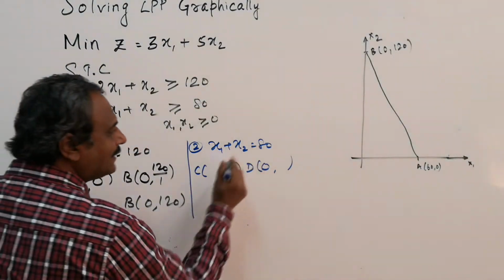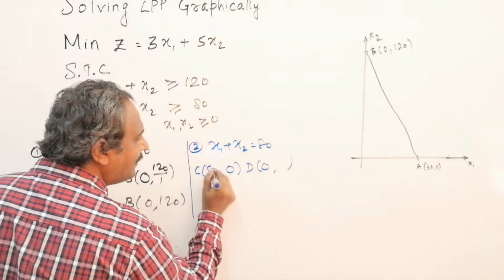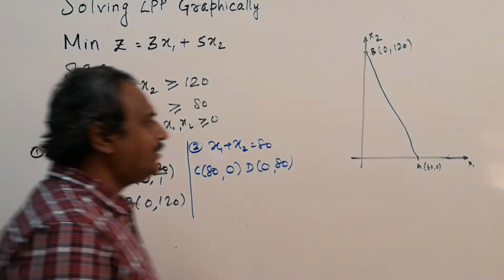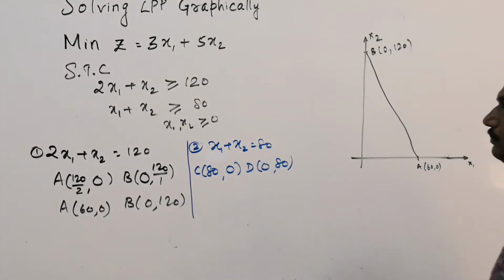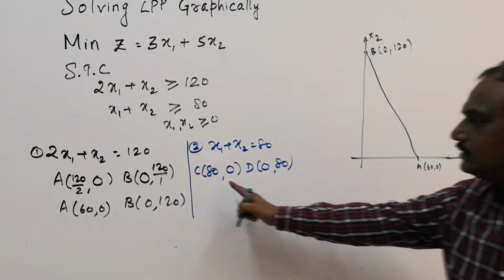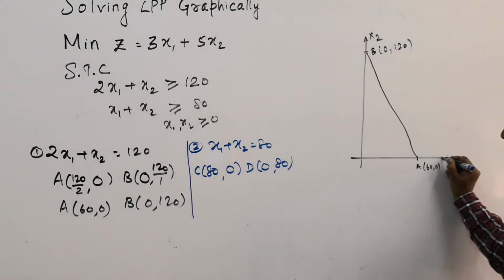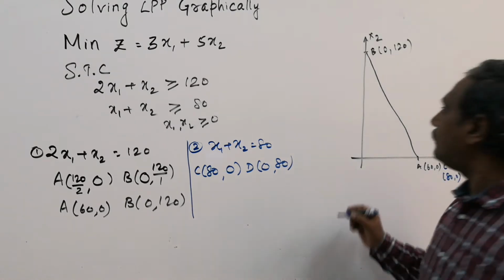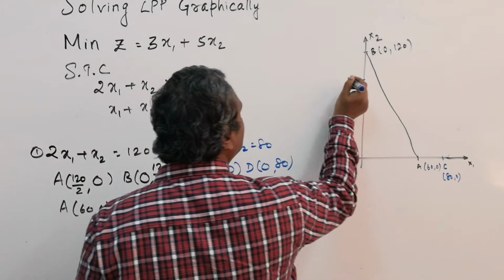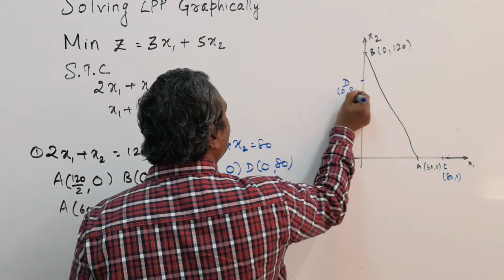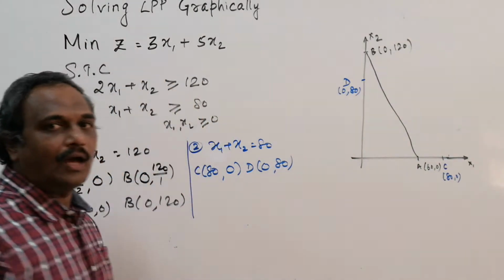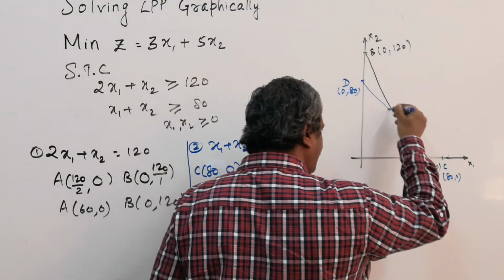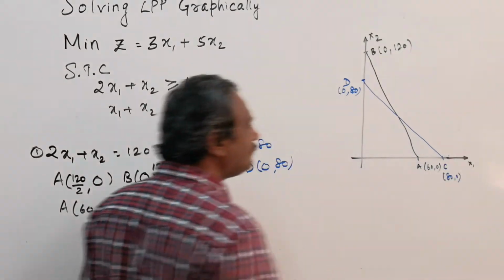When I take it from the right hand side, the coefficients are 1, so this will become 80. So 80, 0 will be somewhere here, and D, 0, 80, will be somewhere here. Now I am going to join these 2 points using a straight line.